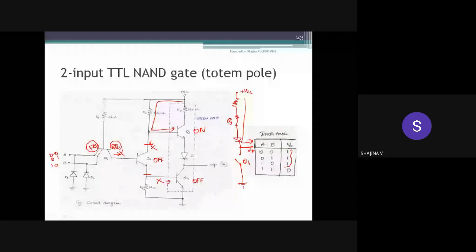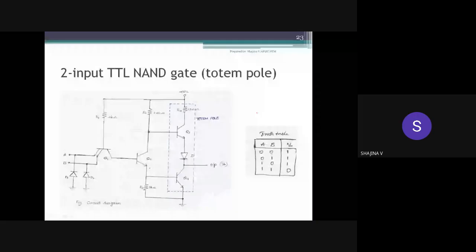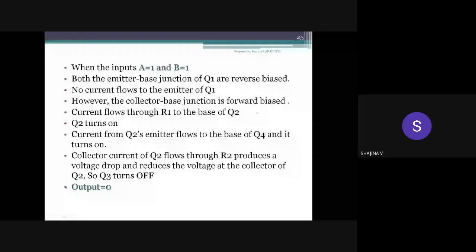Look, it is the same thing just said, just have one more look at your circuit. When the inputs A equal to 1 and B equal to 1, both the emitter base junctions of Q1 are reverse biased. No current flows to the emitter of Q1. However, the collector base junction is forward biased and current flows through R1 to the base of Q2. As a result, Q2 will turn on.